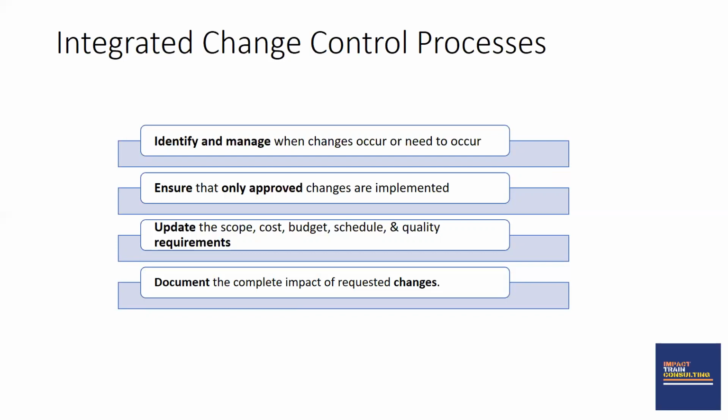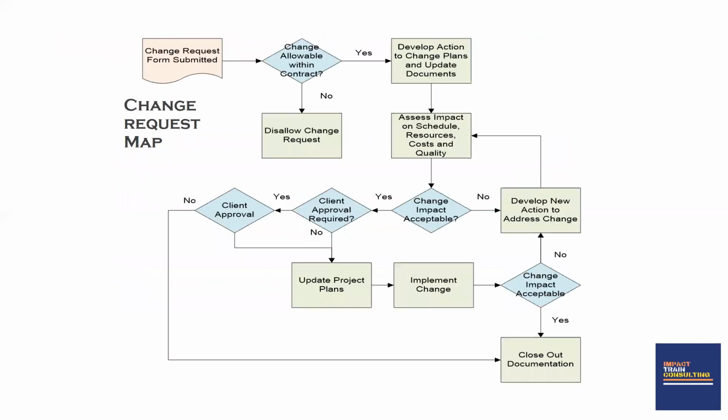And then it also helps you to update the scope, cost, budget, schedule, or quality requirements, and also to document the complete impact of requested changes. Let's take a look at a change request map, the processes that go through on a change request map.